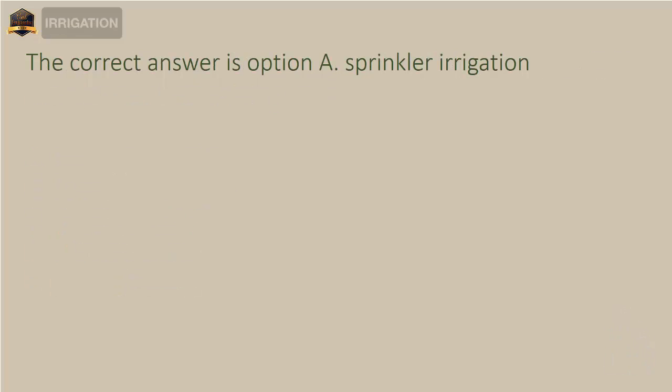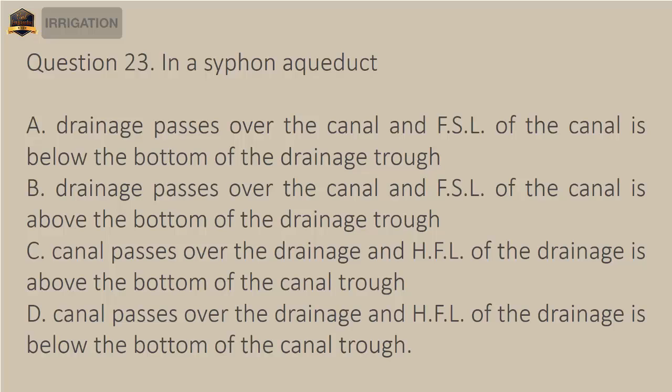Question 23. In a siphon aqueduct, A. Drainage passes over the canal and FSL of the canal is below the bottom of the drainage trough. B. Drainage passes over the canal and FSL of the canal is above the bottom of the drainage trough. C. Canal passes over the drainage and HFL of the drainage is above the bottom of the canal trough.